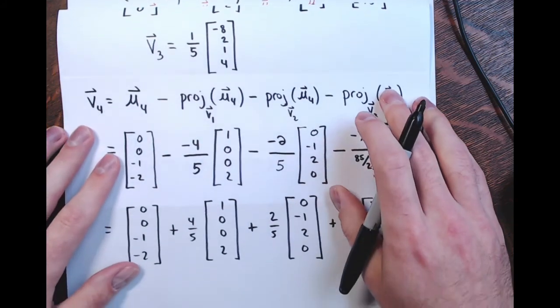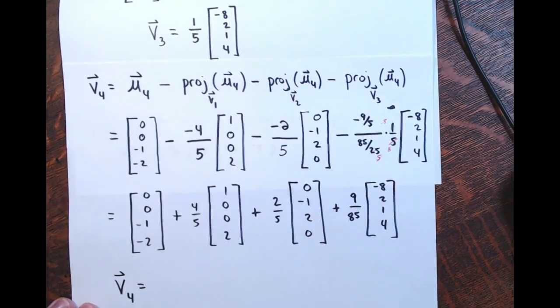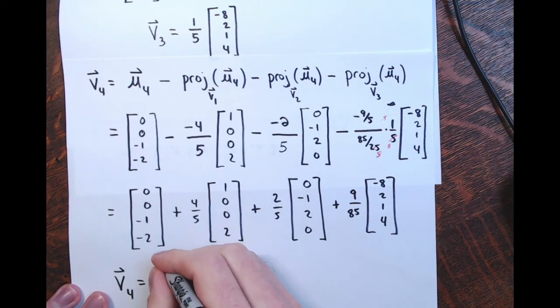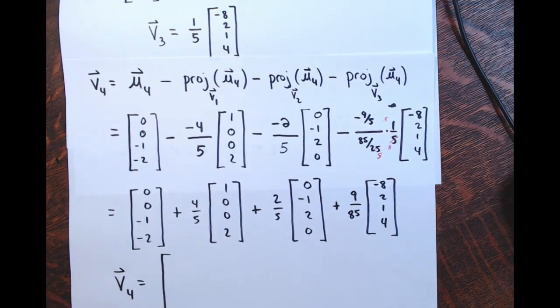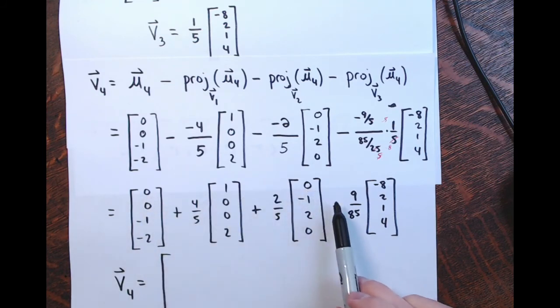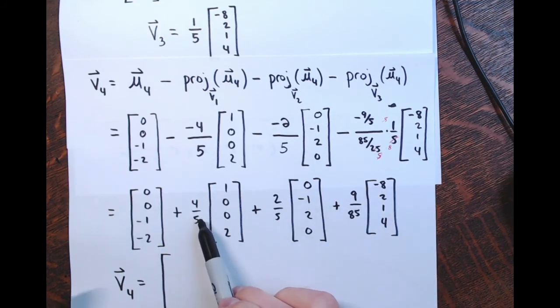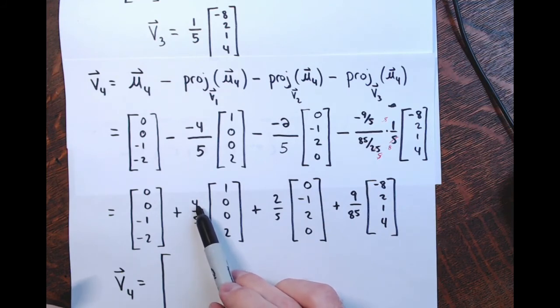Okay, and you see they're going to have a common denominator of 85. I'm putting all this together, and I'm kind of cheating, I'm looking at the final answer here. But if you were to put all this together, all the first components, let's say, 0 plus 4/5 plus 0, and then minus 72/85. Well, 4/5, if I want it in terms of 85ths, I need to multiply by 17. 4 times 17 is 68, right?